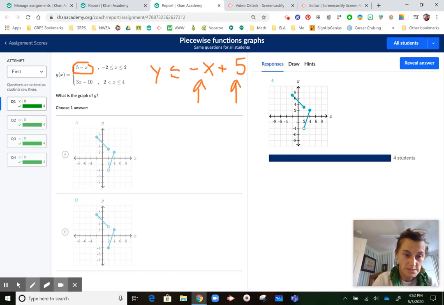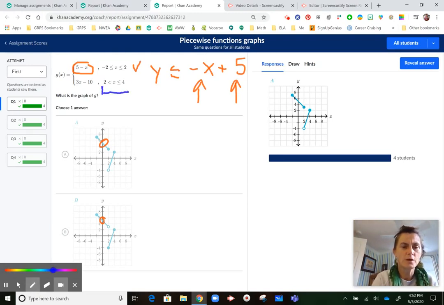So it has to be, let me see. This one is crossing at 5. So is this one. So according to the first piece of the function, it could be A or B. Let me look at the second piece of the function. The second piece says the interval is 2 to 4.